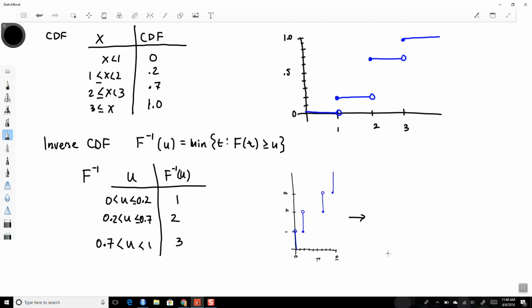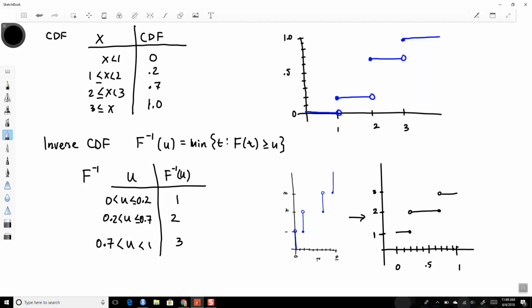So what it ends up becoming is a straight line: from 0 to 0.2, it'll produce the value 1, then at 2, from 0.2 to 0.7 will produce values of 2, and lastly values from 0.7 up to 1 will produce values of 3.